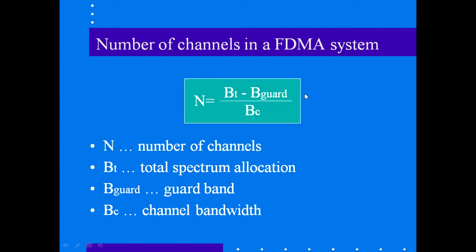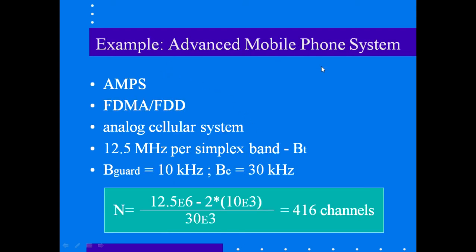As we said earlier, the number of channels that can be accommodated in the available spectrum using the FDMA system is represented by capital N, which is equal to the total bandwidth of the frequency spectrum minus the B guard, divided by BC. Now here is an example of how to calculate the number of channels in an FDMA system.